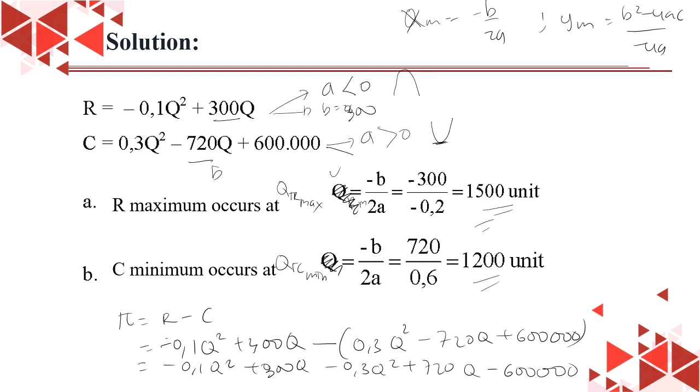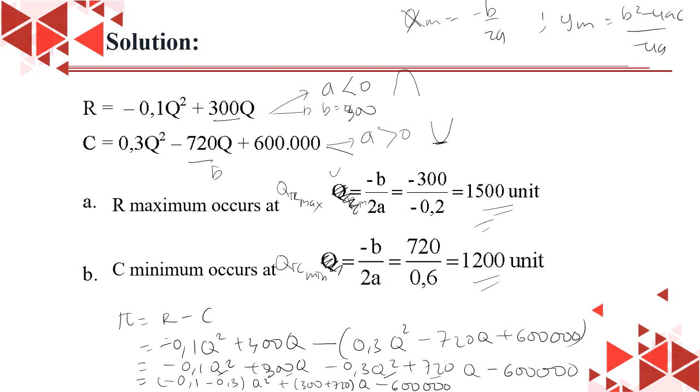Okay, so I hope I can still write here. Collect all the same exponents: minus 0.1 and minus 0.3 Q squared, the same Q, plus 300 and plus 720, and minus 600,000.